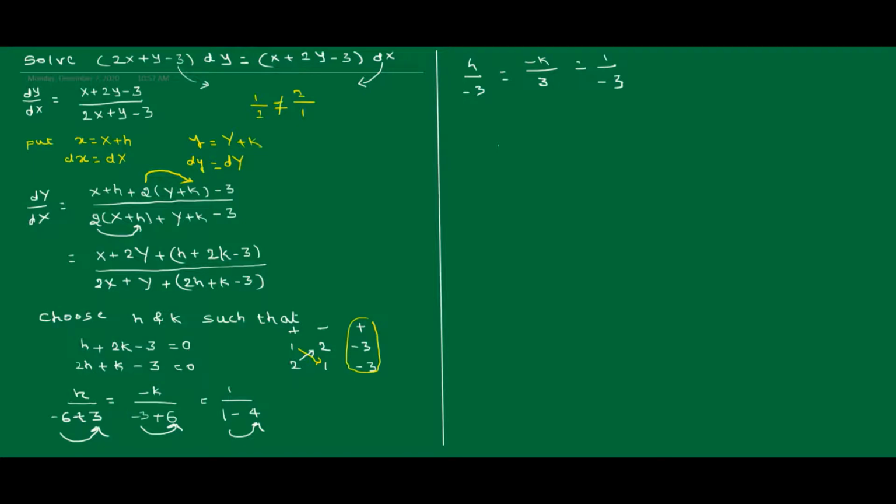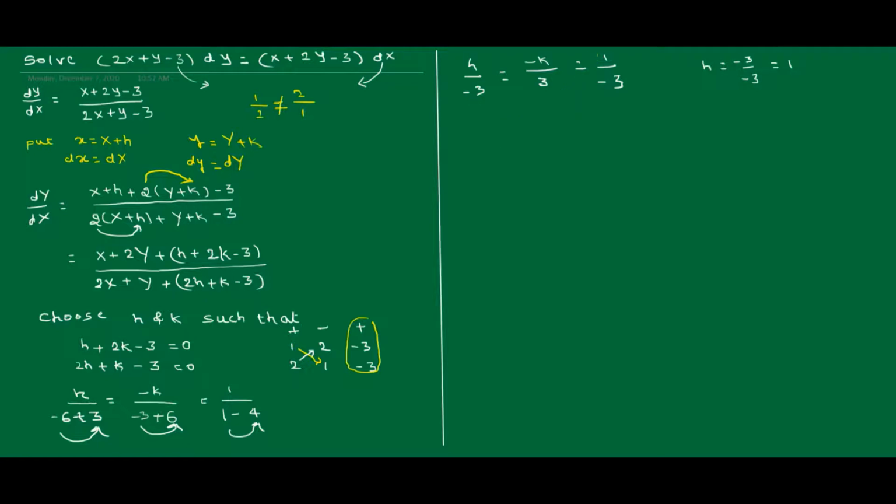Now transposing this minus 3 to the right hand side, we get h is equal to minus 3 divided by minus 3, that is equal to 1.